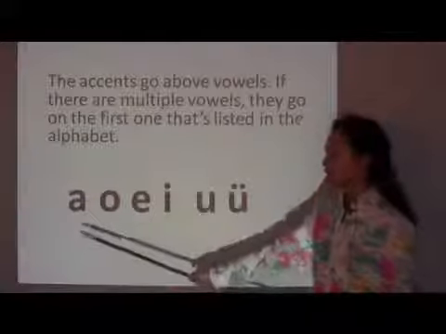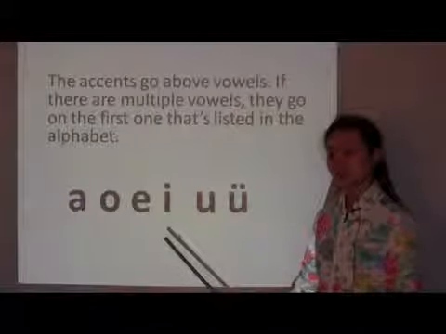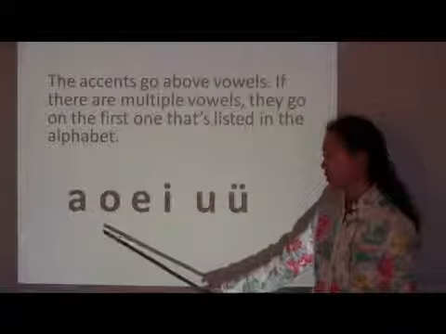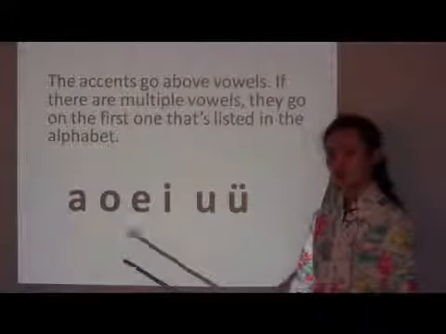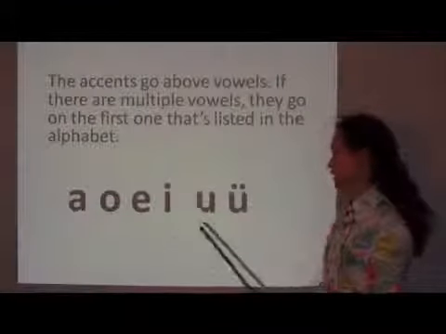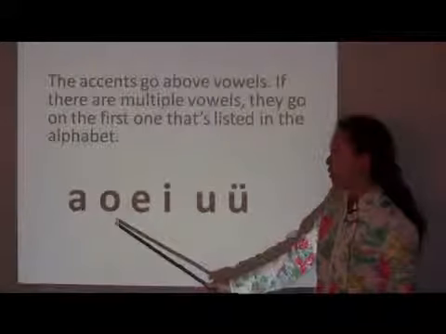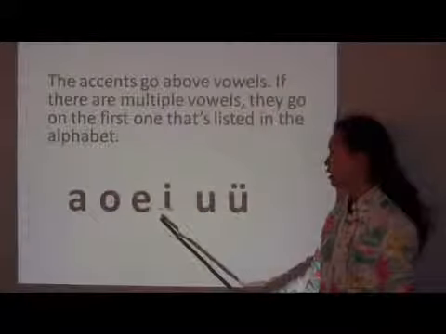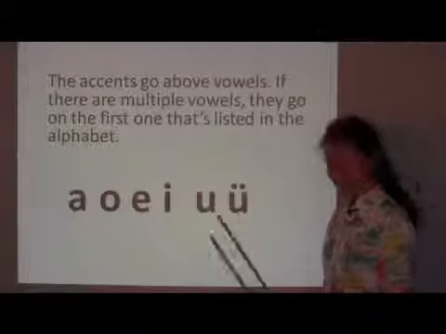Well, in Chinese, this is the order. And you have to know the order in order to know which vowel to put the accent on. The rule is that in a word, you put the accent on the vowel that comes first in this list: a, o, e, i, u, ü.